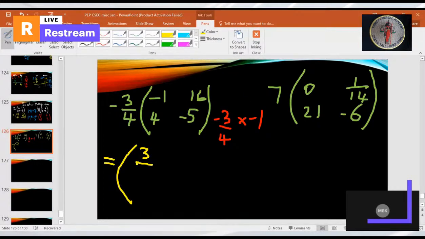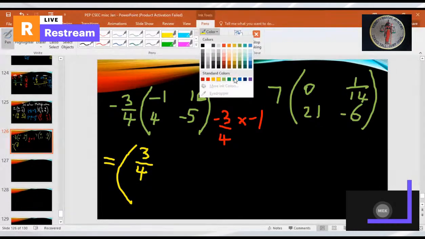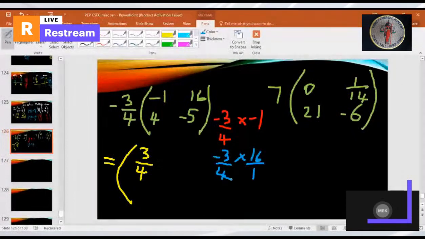3/4 times 16, so let's work that one. So -3/4, I will multiply that by 16/1. 4 into itself goes 1, 4 into 16 goes 4.